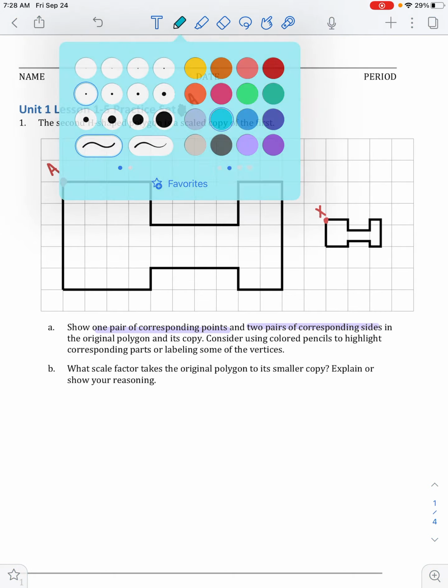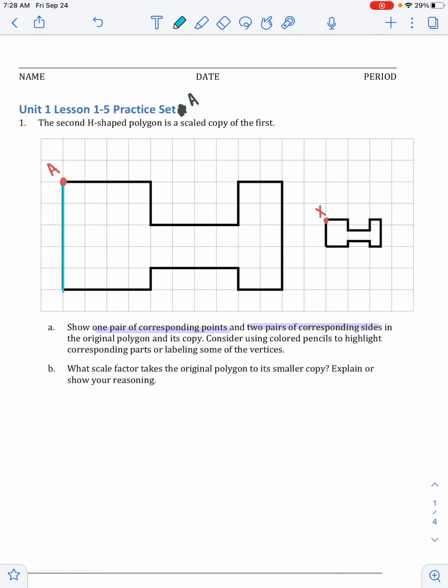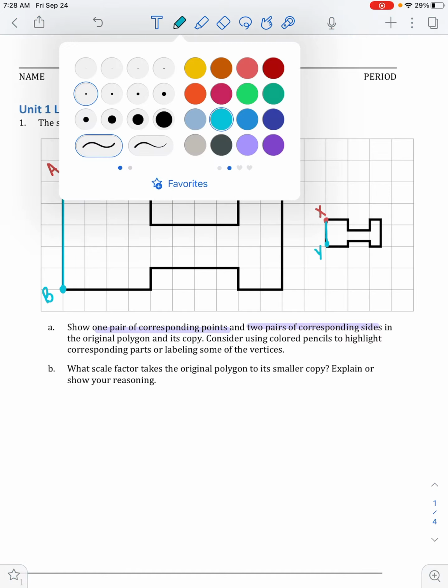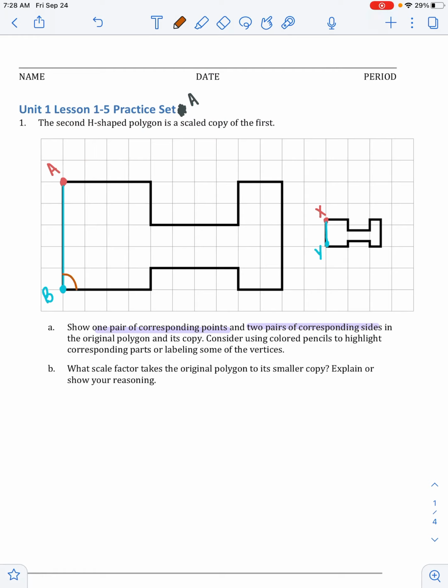Similarly, if I drew a line here and I labeled this point B, and drew a line here and labeled this point Y, the line AB corresponds to the line XY. Now the same thing is true for angles, right? If I labeled an angle here N, and I labeled an angle here O, angles N and O are corresponding.